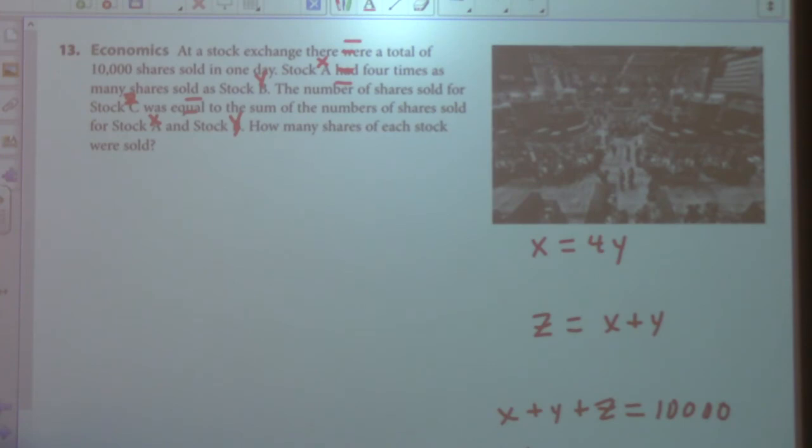Okay, how do we fix that up so we can put that in our matrix form here, right? We already know that we can put X plus Y plus Z equals 10,000, right? So that we're good on that one. What else can we do?